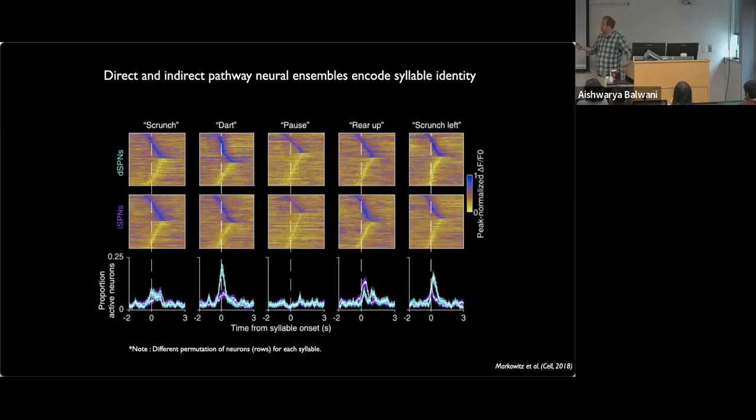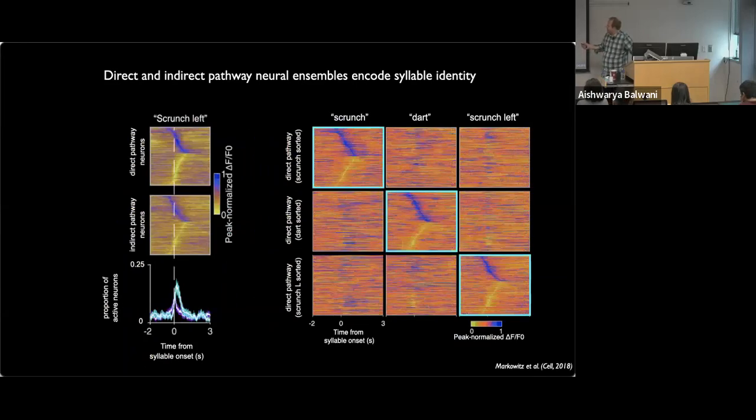So in each panel here, the neurons are permuted to best show the sequence of activations across this population, but the permutations are different depending on whether it's a rear or a scrunch, et cetera. And we find that, somewhat contrary to the theories that had been kicking around before this, it seems like both of these pathways are in a very complementary way encoding the onsets of these different types of stereotyped movement.